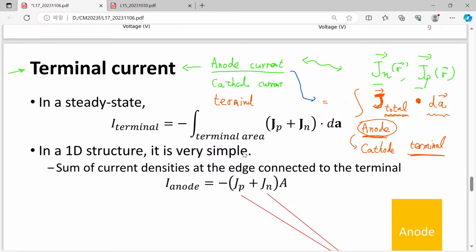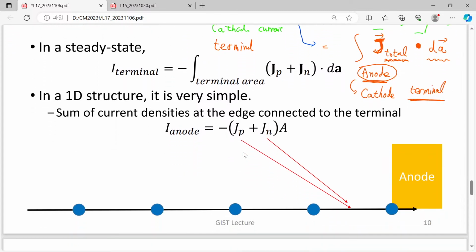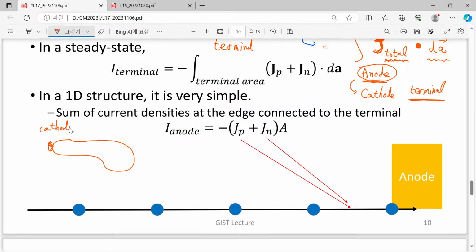Oh, that is quite a good question. So let me consider it this way. Here we have the cathode, and now let's say that here we have the anode.